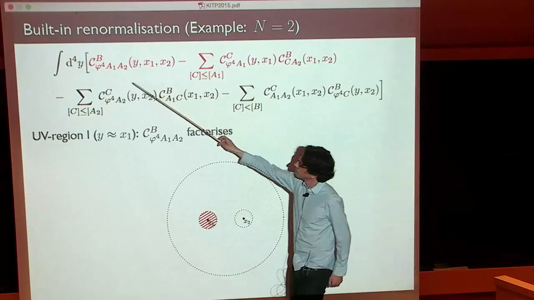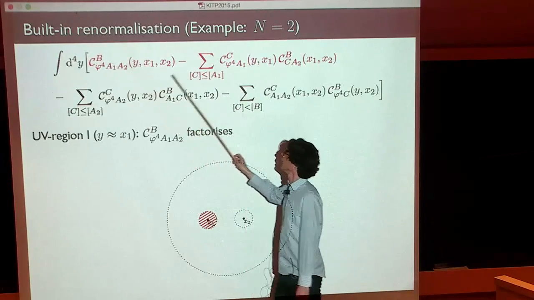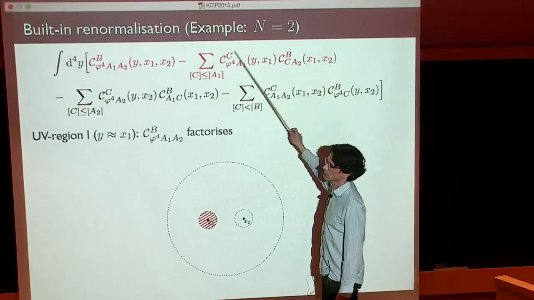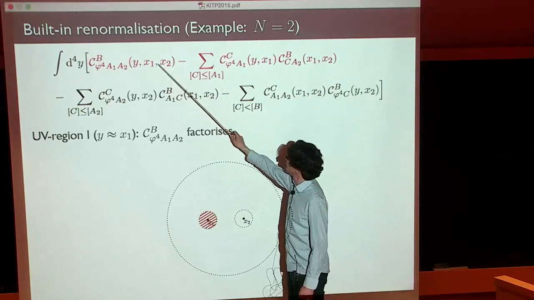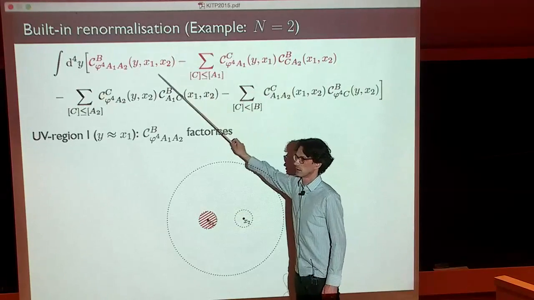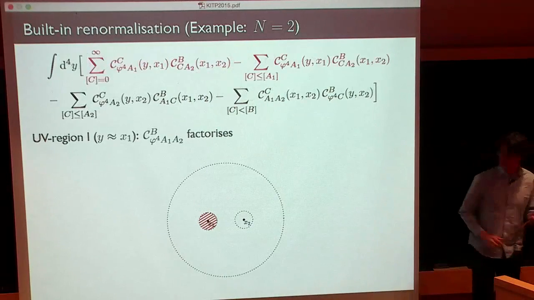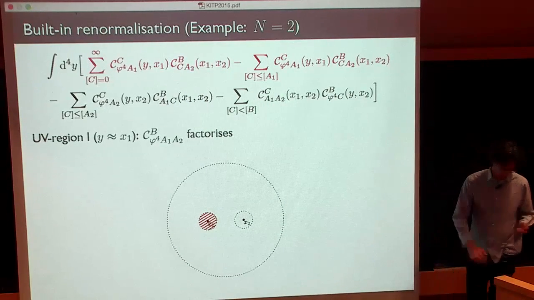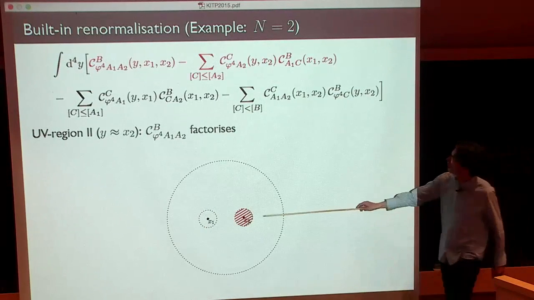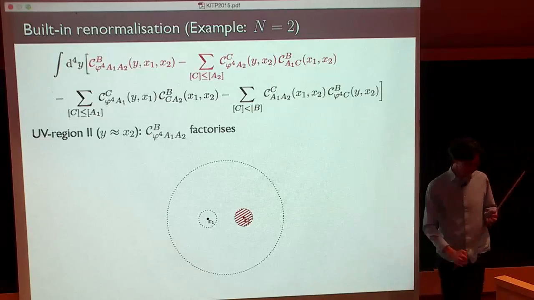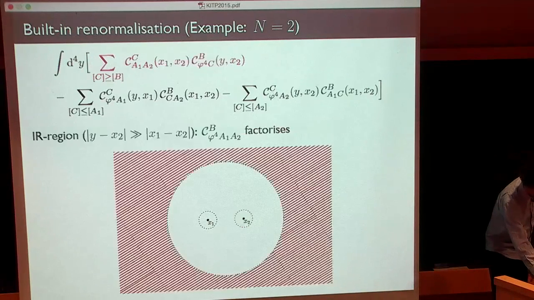And then, by my factorization theorem, this thing factorizes, and what it factorizes into is precisely this. So in this region, the divergence is cancelled by this term. And then there's another one where the divergence is cancelled precisely by another term.